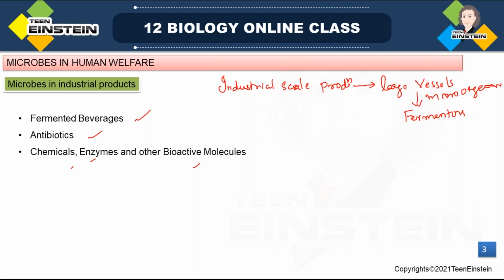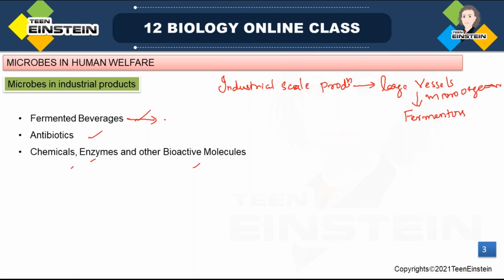Then fermented beverages. We are going to learn about fermented beverages. In fermented beverages, mainly we can see yeast. Yeast is used for the production of beverages. Most of the beverages like wine, beer, whiskey, brandy, rum and all. Which one are you using?